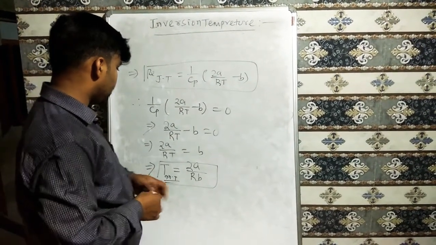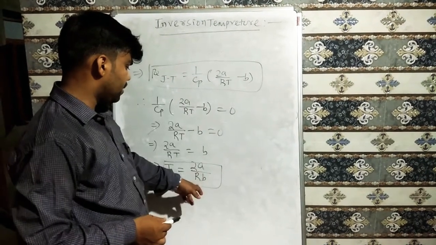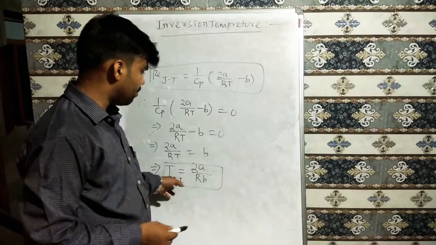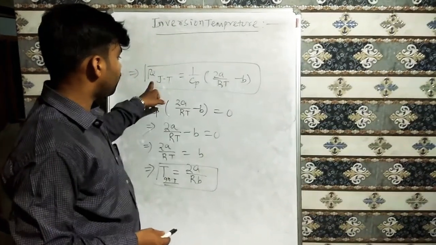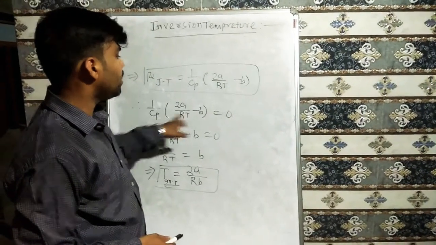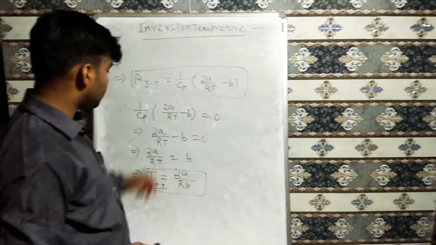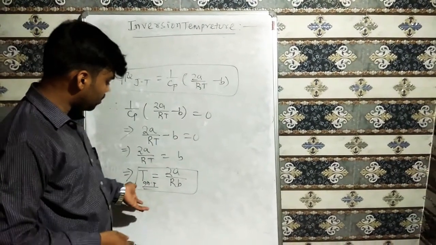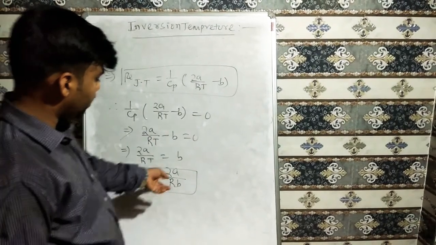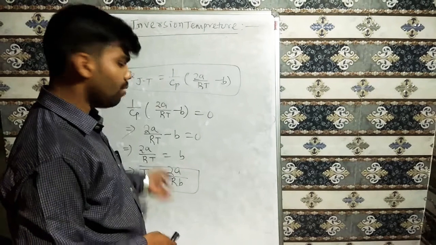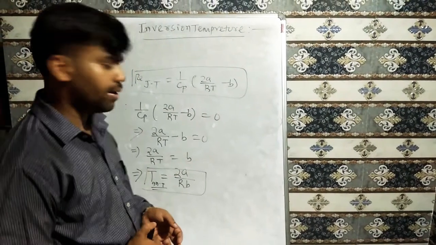That means the value of temperature is 2a/Rb. For this value of temperature, the Joule-Thomson coefficient for a real gas is equal to 0. Hence, this temperature is called inversion temperature. So by using this relation, 2a/Rb, we can find the value of inversion temperature for a real gas.